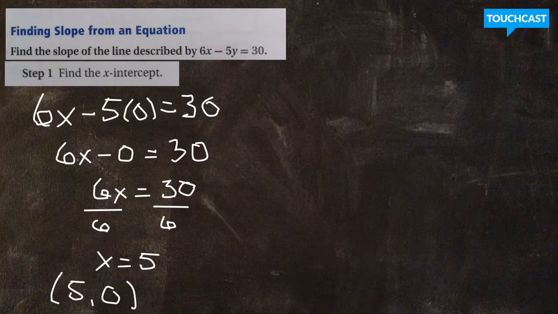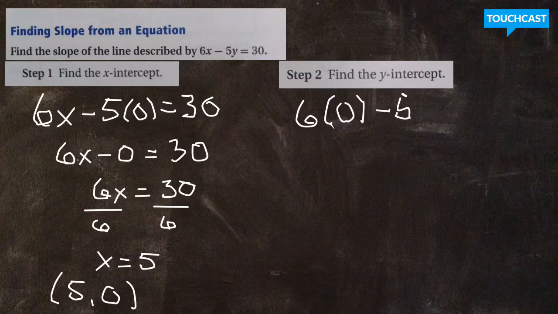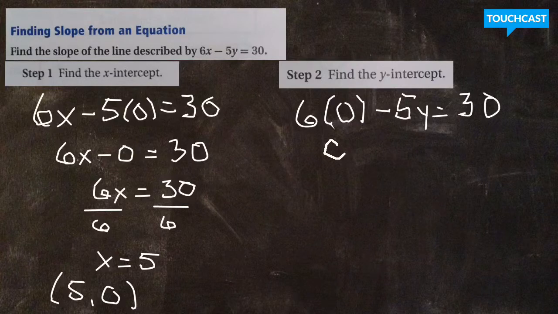Now we can do step 2, which is to find our y-intercept. And remember, to do that, we're going to plug 0 in for x and then solve for y. So we have 6 times 0 minus 5y equals 30. Well, 6 times 0 is 0. 0 minus 5y is equal to 30.